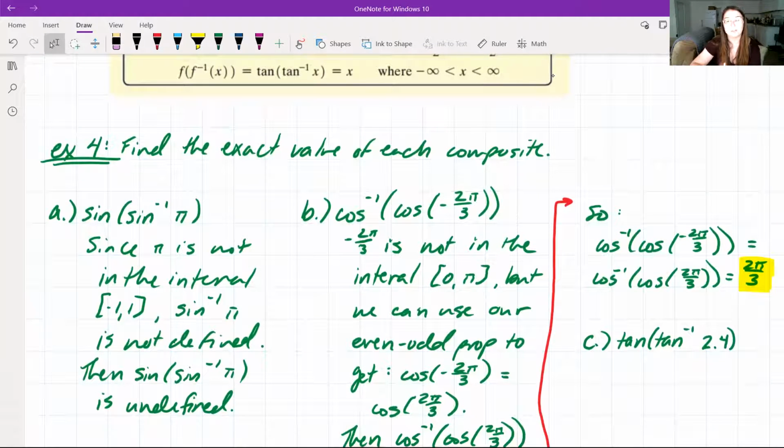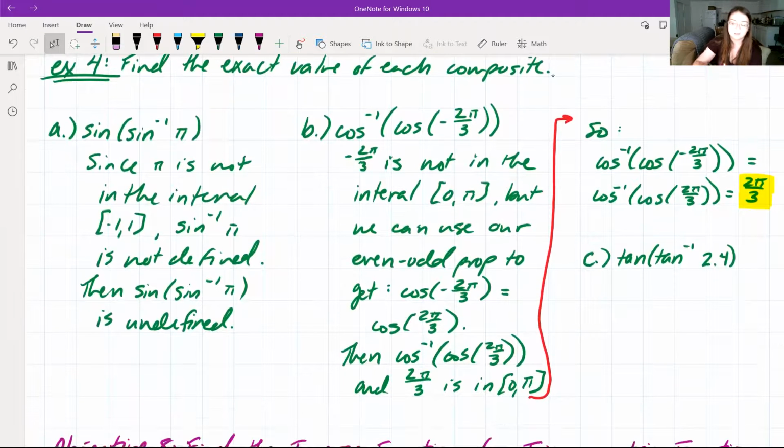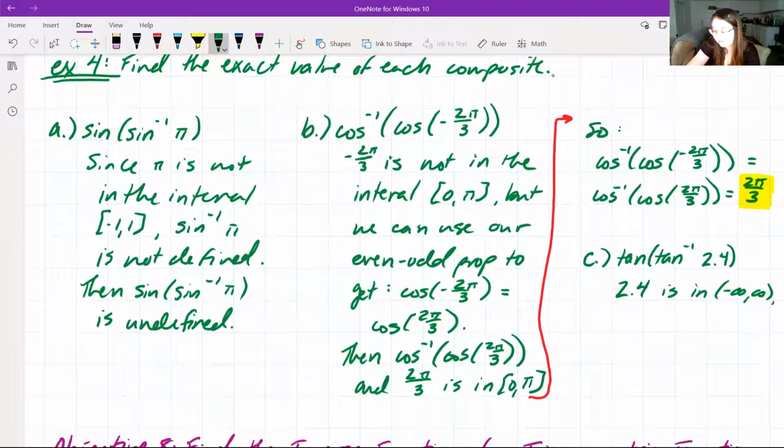And 2.4 is definitely between negative infinity and infinity. So for our answer, say 2.4 is in the interval negative infinity to infinity. So we get our answer, tangent of tangent inverse of 2.4 is going to be equal to 2.4.